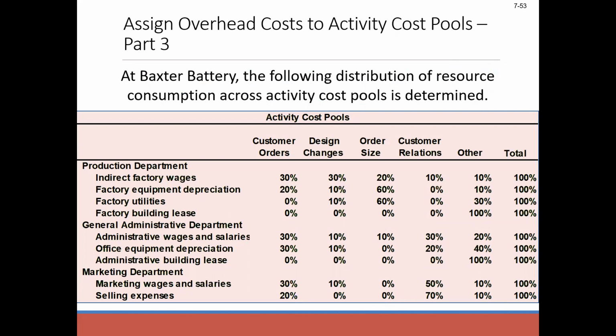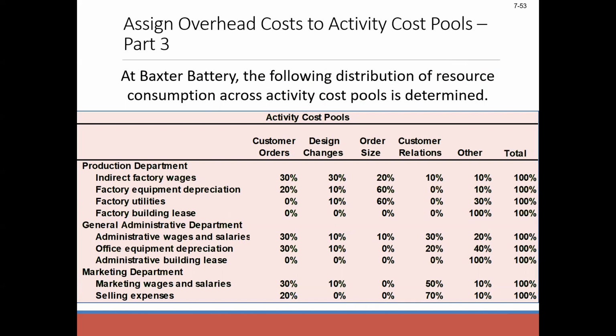It tells us for each of these items, like with customer orders, 30% of indirect factory wages are linked to customer orders. 30% of indirect factory wages are linked with design changes. And then 20% related to the order size, 10 and 10 for customer relations and others.